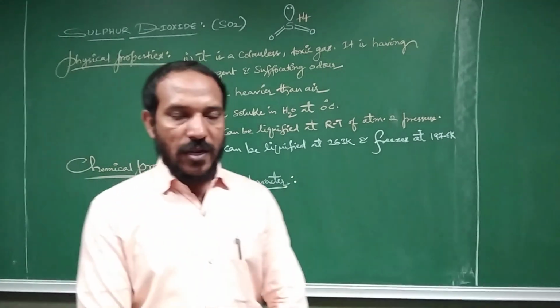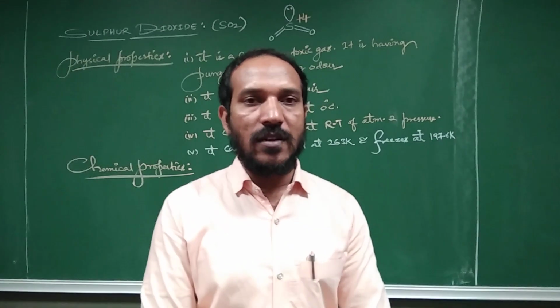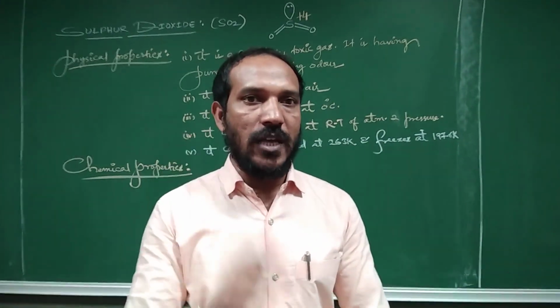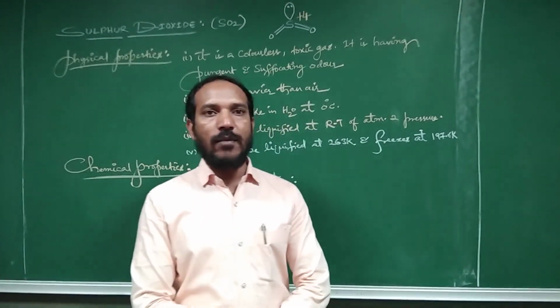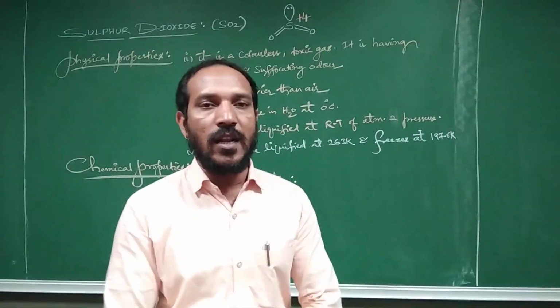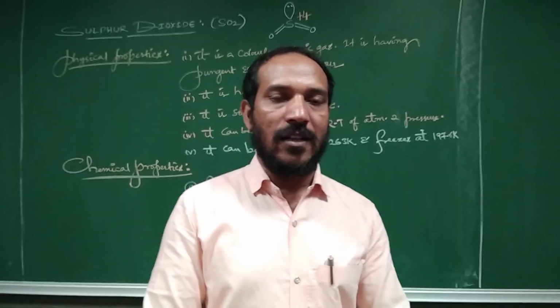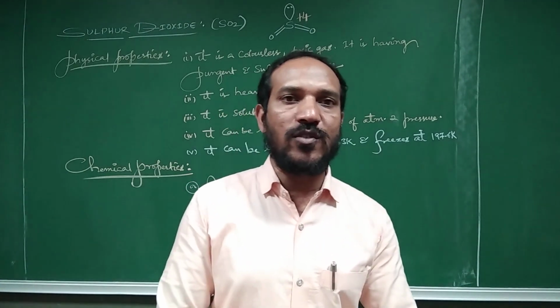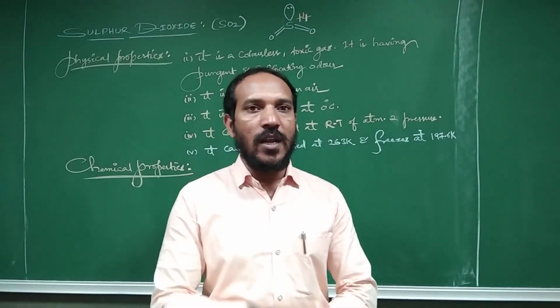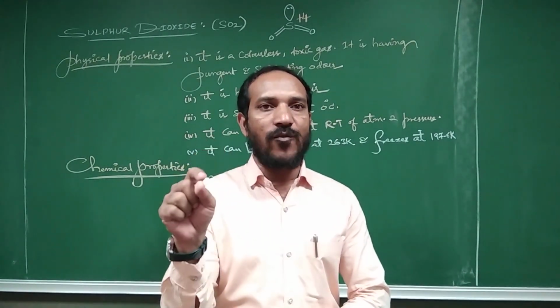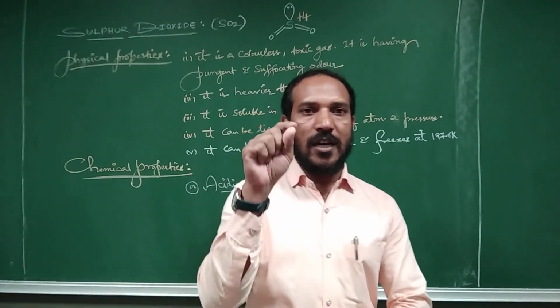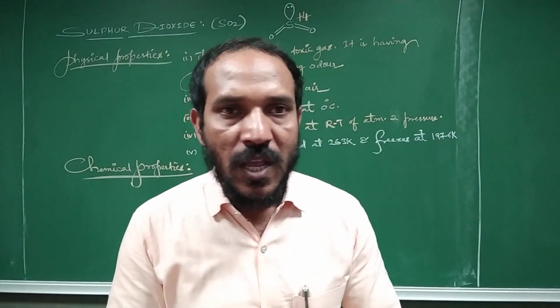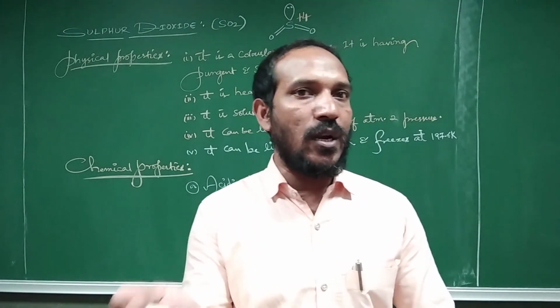Remember that sulfur dioxide is nothing but a non-metallic oxide. So whenever a non-metallic oxide is dissolved in water, the solution will become acidic. How to check if the solution is becoming acidic or not? Blue litmus paper will change to red litmus paper.